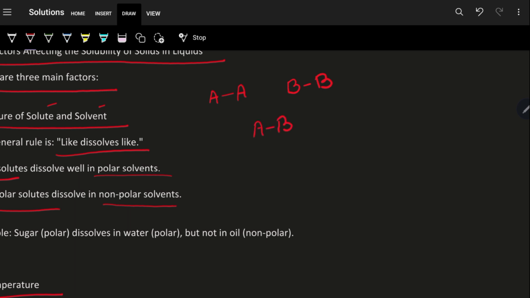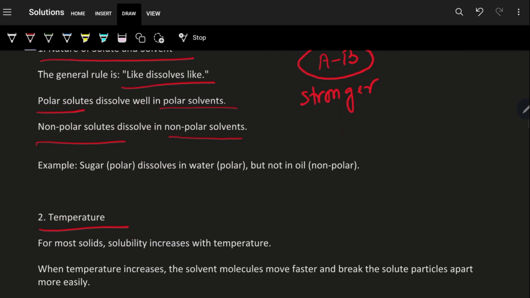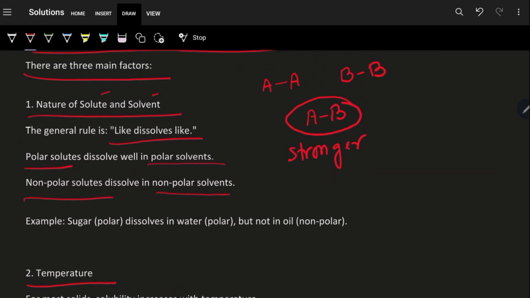Now this AB interaction should be stronger and should liberate more energy in order to overcome the previously existing solvent-to-solvent or solute-to-solute interaction. If this can happen, then the solutes will dissolve, having a good solubility in the solvent.